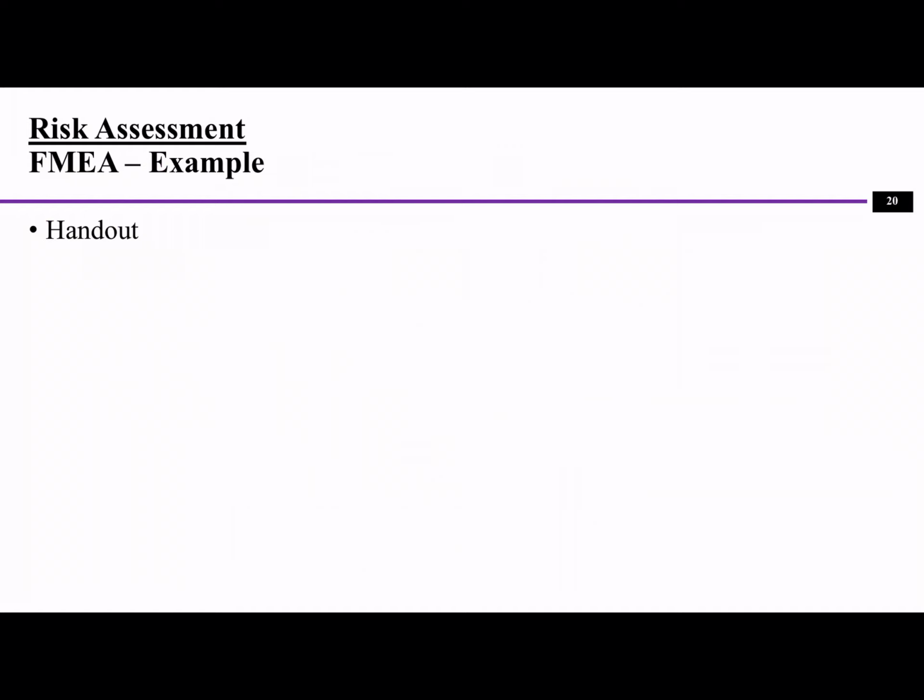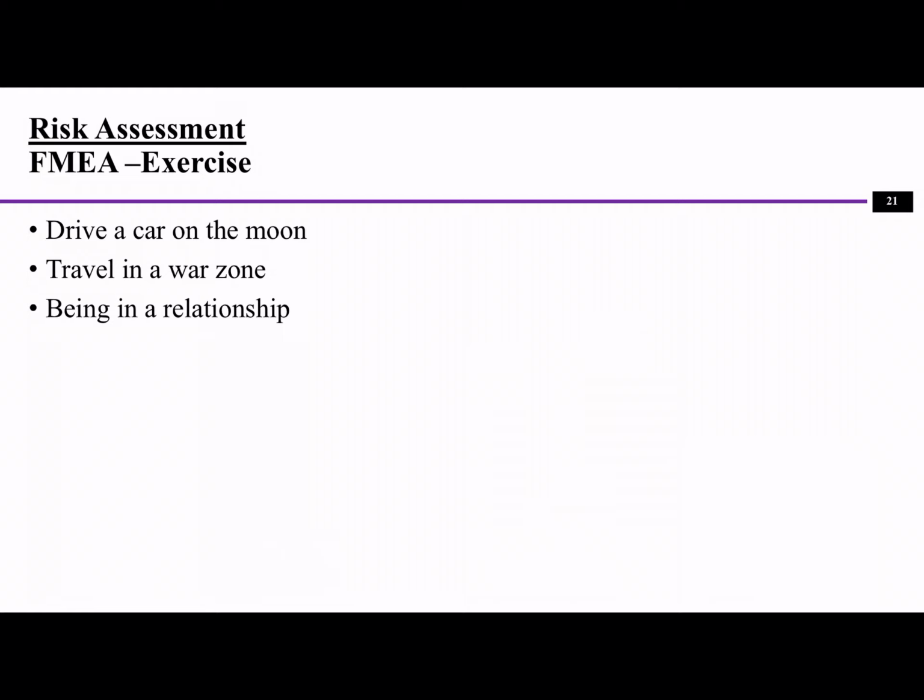I'll post the folder on Canvas, so you can take a look at an example of an FMEA and how they write the FMEA statement, identify the failure mode, and also give actions. Then you can actually do a little exercise on your own. For example, driving a car on the moon, just think about what things can go wrong, right? There are different failure modes.